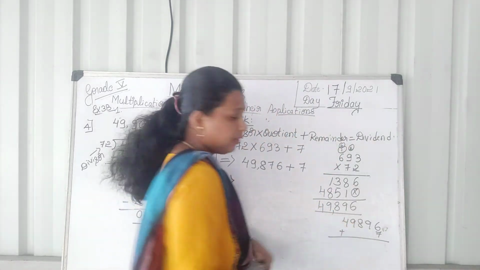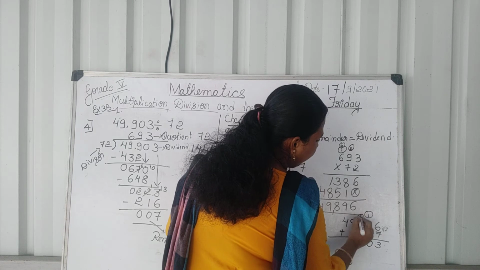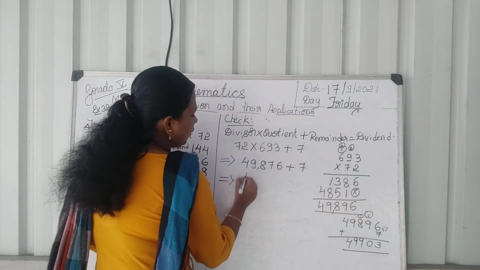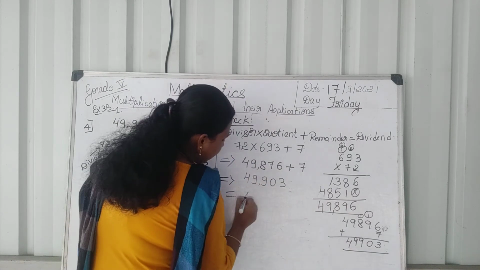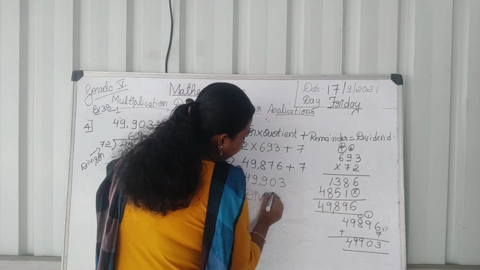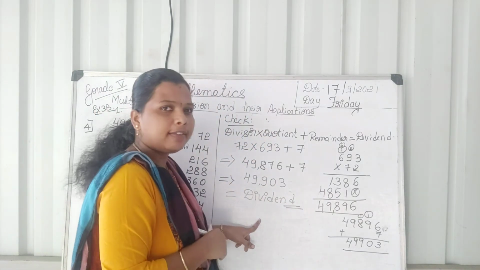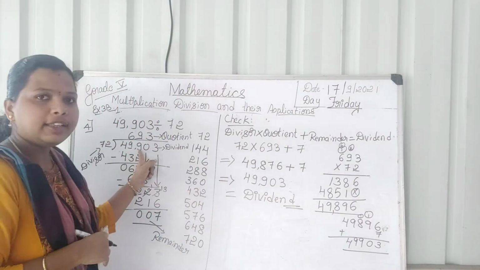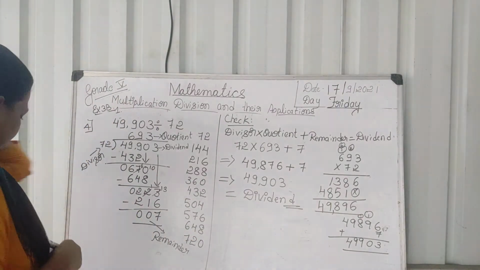See, 6 plus 7, 13, carry 1, 9 plus 1, 10, carry 1, 8 plus 1, 9, 9, 4. 49,903. So, which is equal to what? Dividend. So, by using this, we can say that our division is correct. That is 49,903, which is equal to dividend.